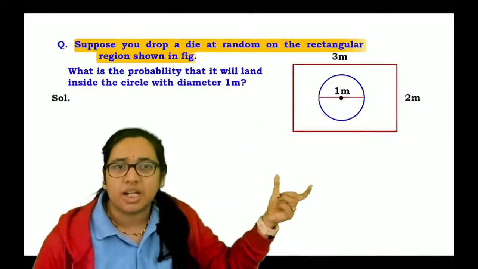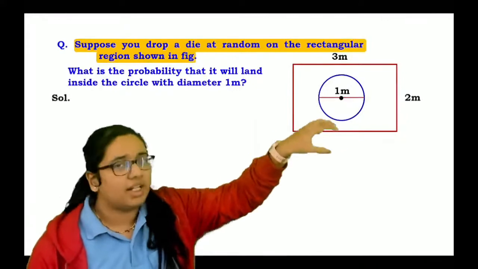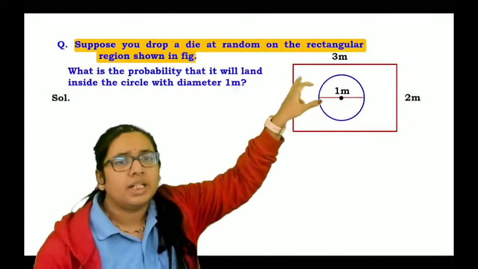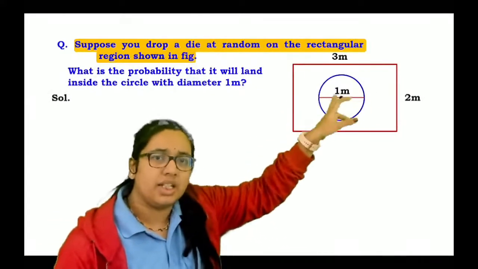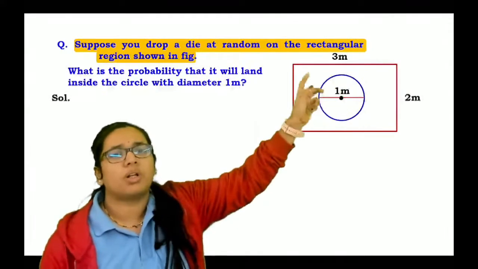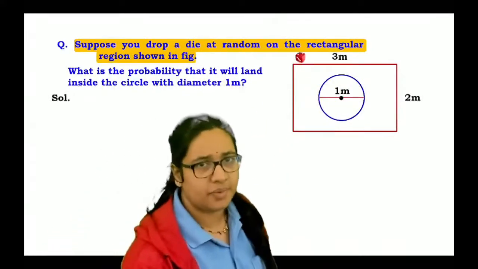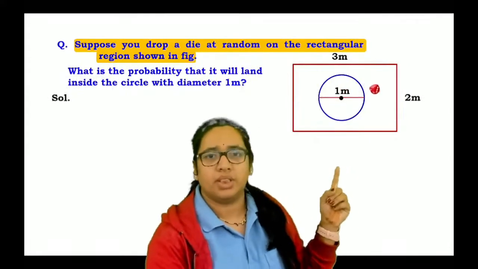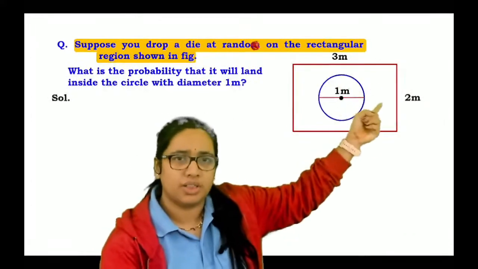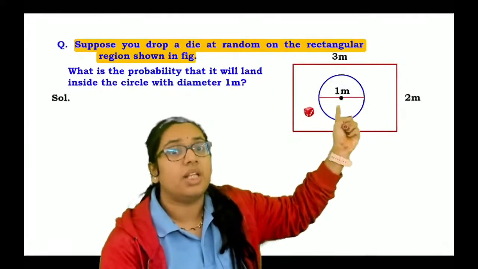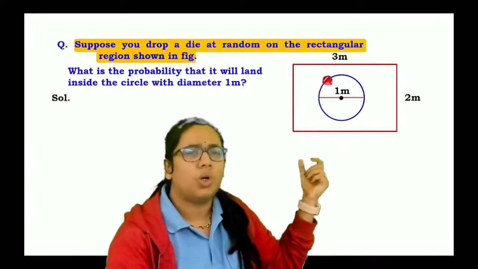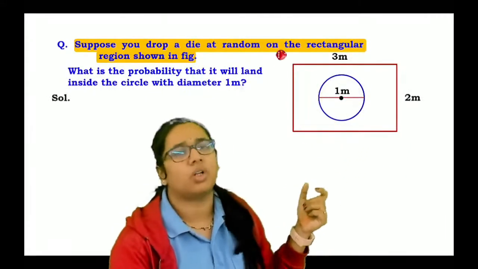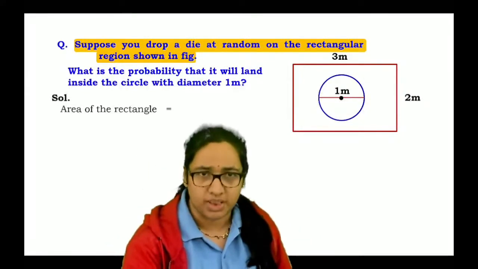Now consider that it might land either inside the circle or outside the circle, right? See something like this. This one or this one. Whether it will lie inside the circle or outside the circle or on the edges, and many more cases.